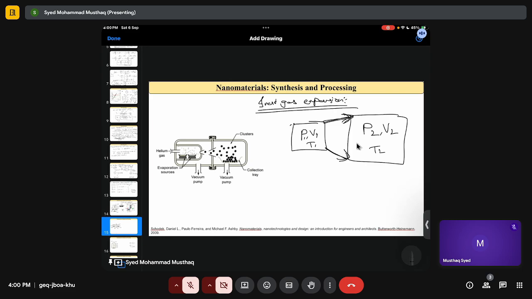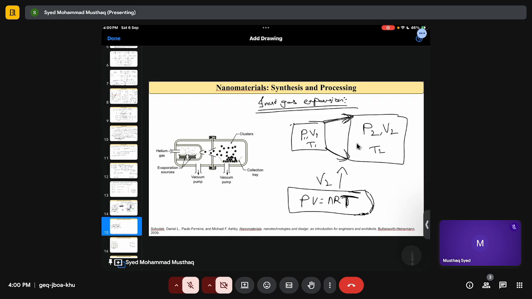Because the volume increased, let's say my pressure was kept the same. Then PV equals nRT, this is our ideal gas law.